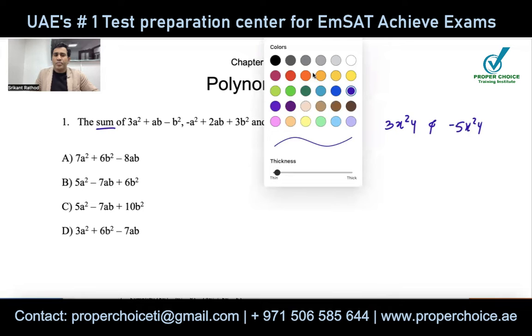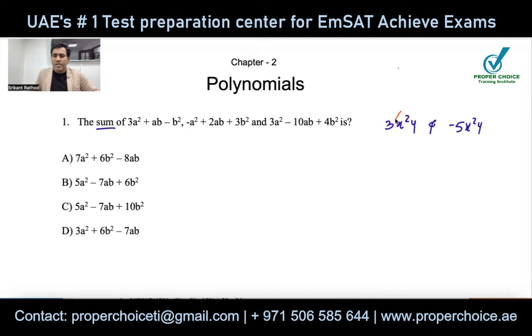To decide whether terms are like terms, I just look at the variables, not the numbers. As long as the term has x square y, we call it a like term. So 3x square y and negative 5x square y are like terms. In the same way, I have to look for similar terms and combine them by referring to the sign they have, plus, minus, and so on.